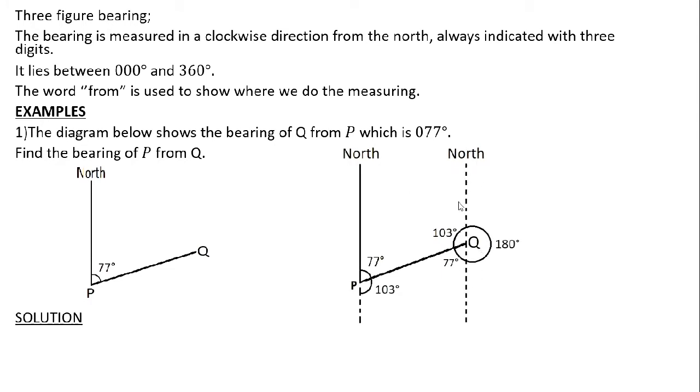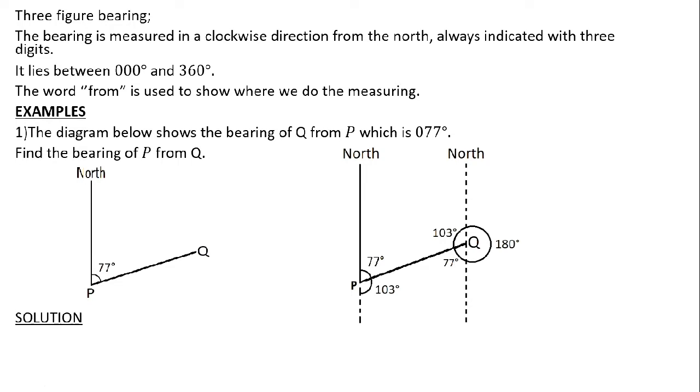A straight angle is 180 degrees. So when we measure from that point coming up to there, we are getting 180 degrees. But this line PQ is a transversal because those are parallel lines. Now, 77 degrees has an alternate angle, which is that one. Alternate angles are equal.